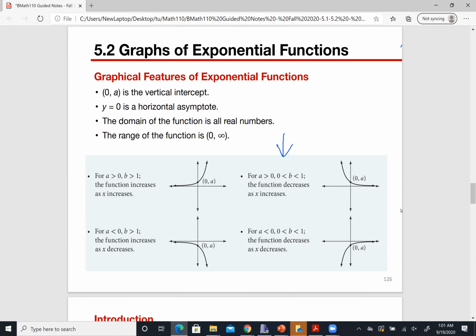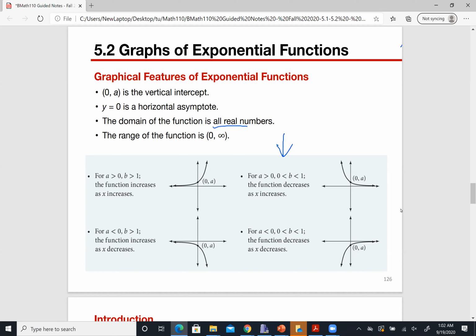Y equals 0 is a horizontal asymptote. So in here, y equals 0, which is the x-axis, is a horizontal asymptote. And the domain of the function is all real numbers.